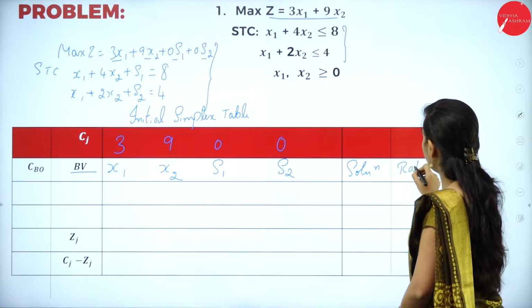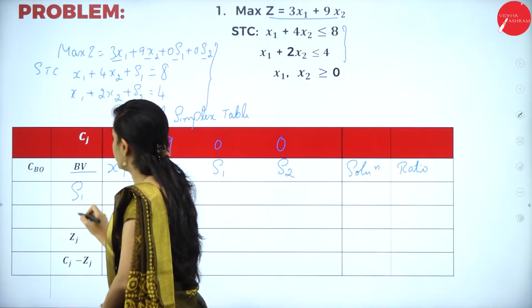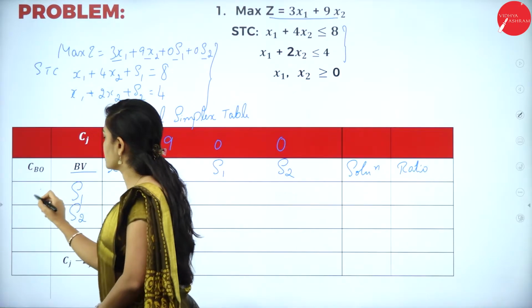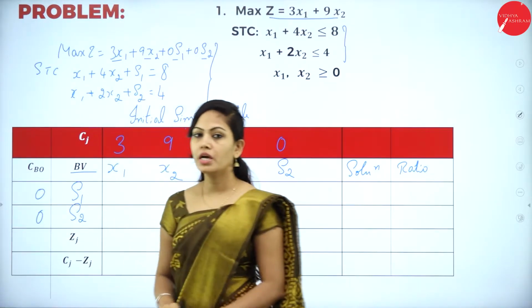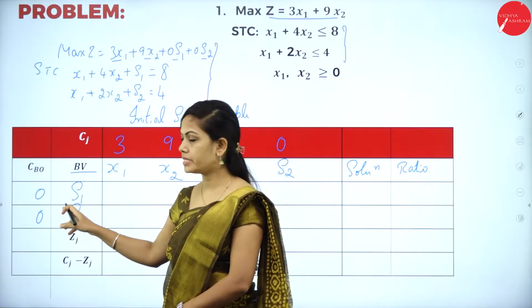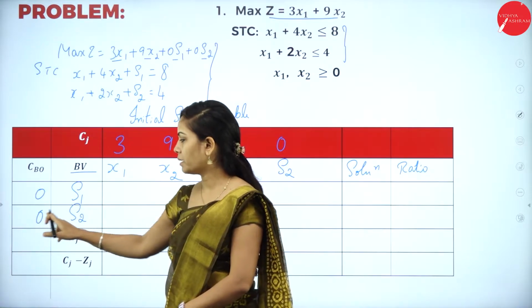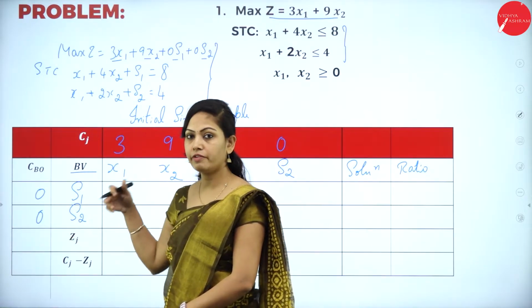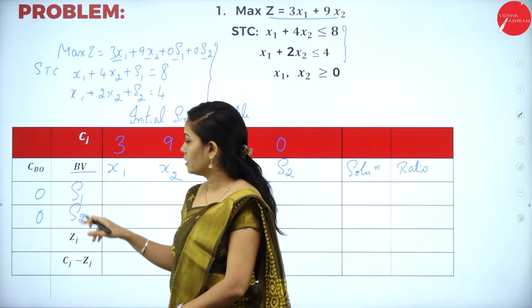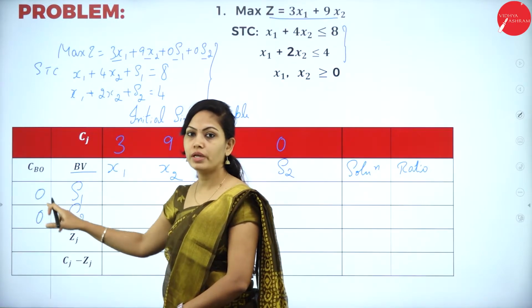We have to find the ratio. And here I will take the slack variables, 0 S1, 0 S2. When you are solving the Big M method, your coefficients are minus M for basic variables A1 and A2. And when you are solving the two-phase method, your basic variables are A1, A2, but here minus 1, minus 1.